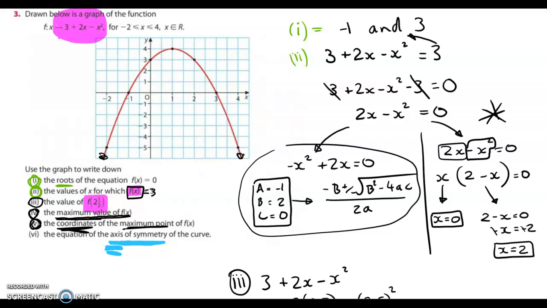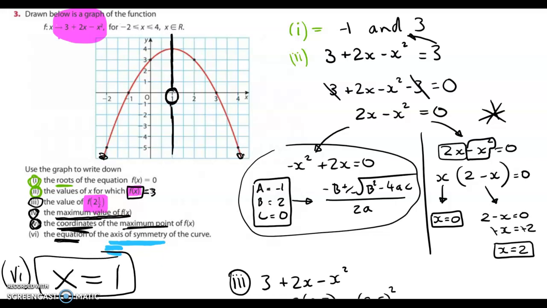They wouldn't be equal. If I drew a line along here, it wouldn't work. The only place is if I drew the line along there. And to find the equation of that line, you simply just say x is equal to, and whatever point it passes through x on that line, so in this case 1. So that's part 6. It's much easier than what it looks, the equation of the axis of symmetry of the curve.